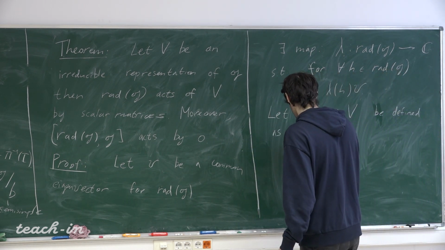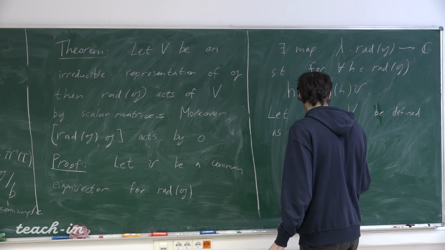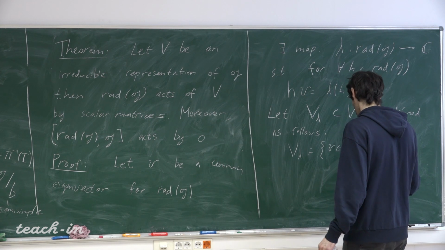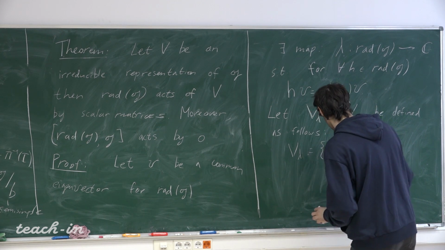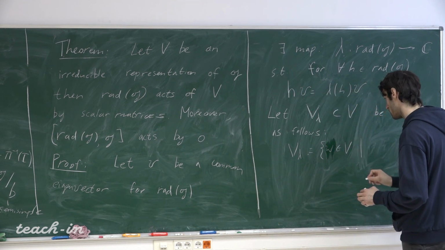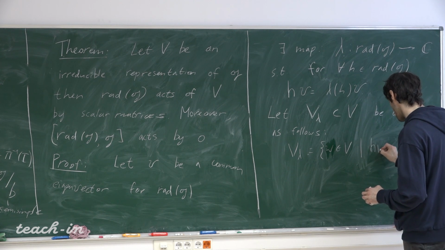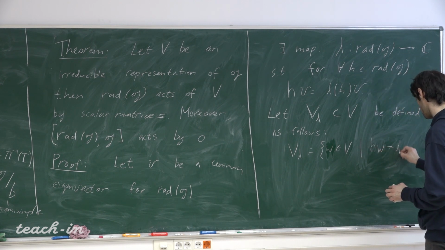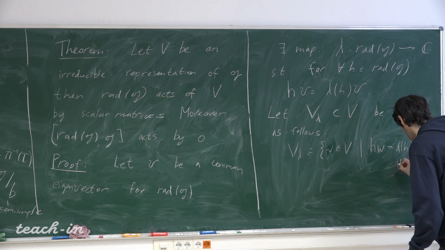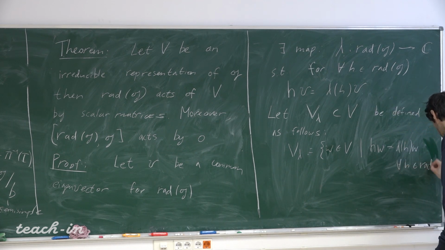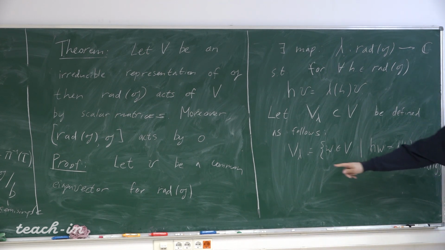V lambda is a subspace of V, consisting of all W in V such that HW equals lambda of H times W for every H in radical G. So see, this is V lambda, right?